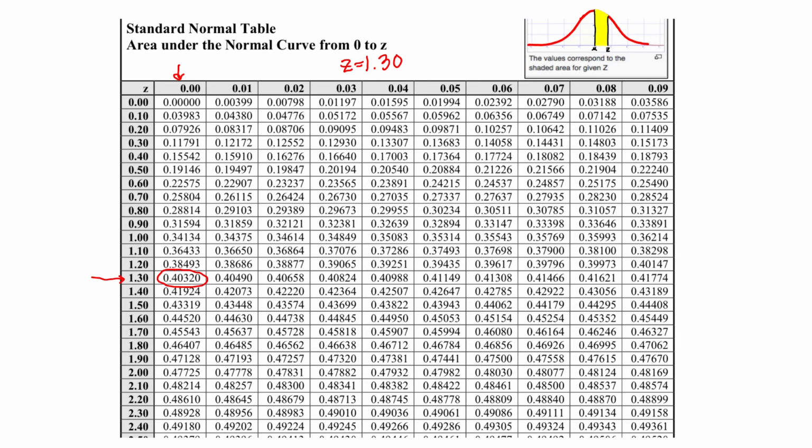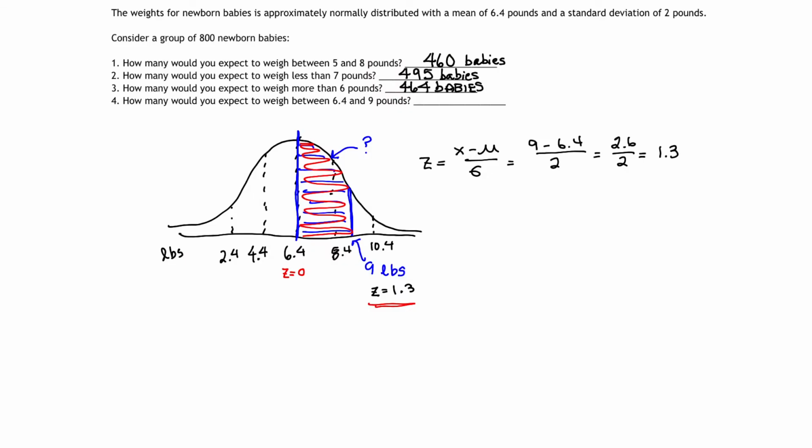Putting that back on our normal distribution curve, we have 0.40320. That is the area under the curve that falls in this red band.